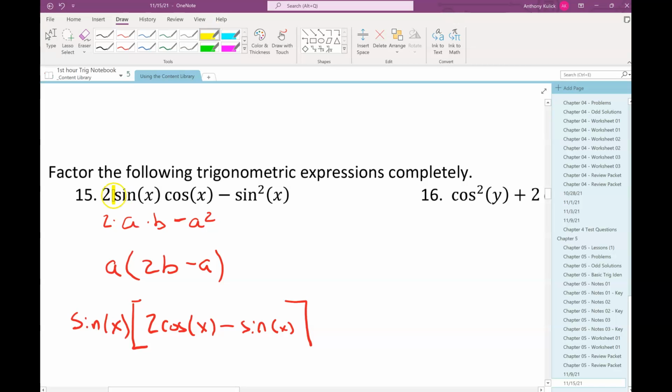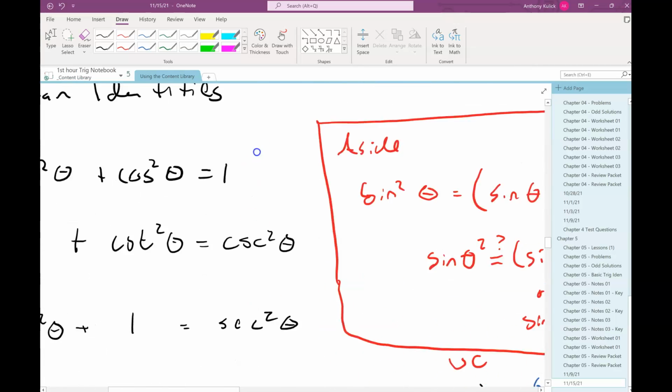So notice here that we had sines in both terms, so we could factor that greatest common factor out. Is something similar going on in this example?